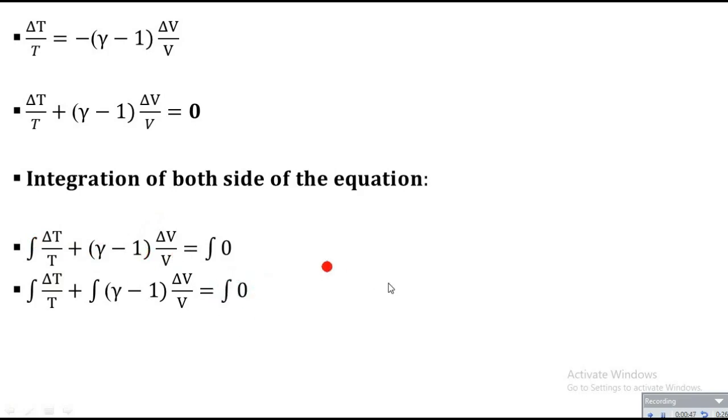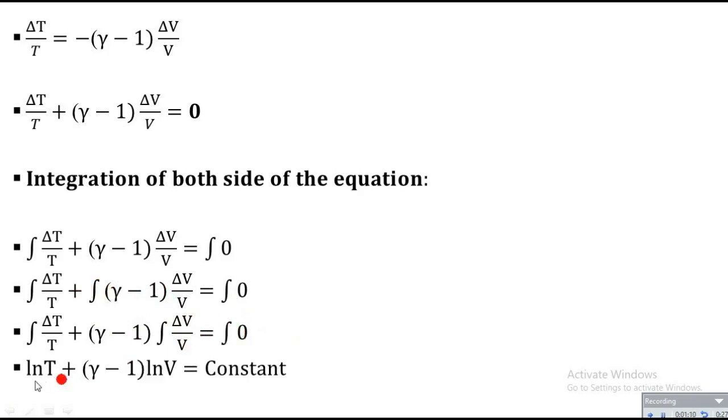When you are integrating a constant, you get a constant. That means integration of dT over T plus gamma minus 1, and here we are putting gamma minus 1 outside of the integration because we have a constant, dV over V, is equal to integration of 0. So this is ln T. Remember the integration, you cover the integration in mathematics.